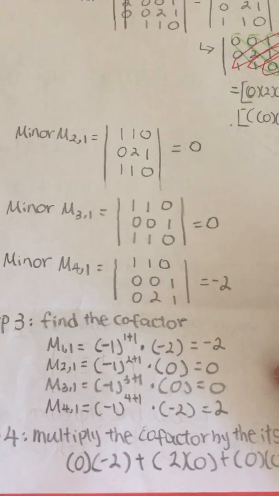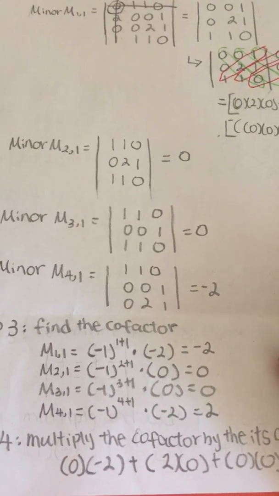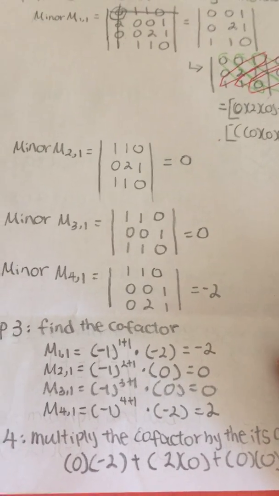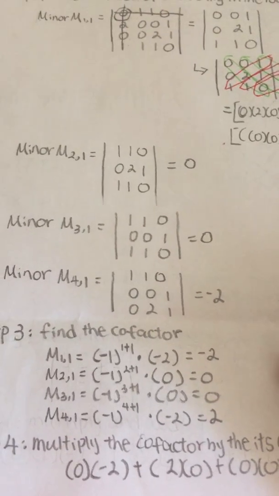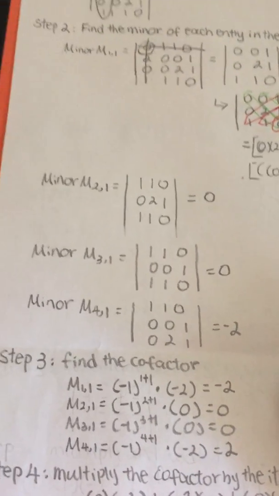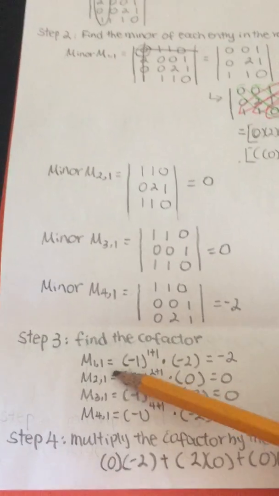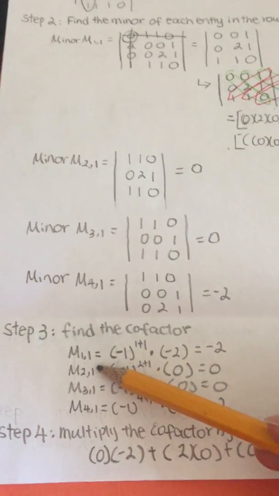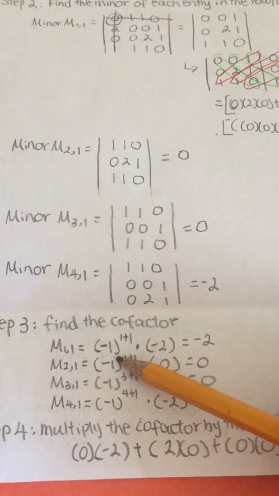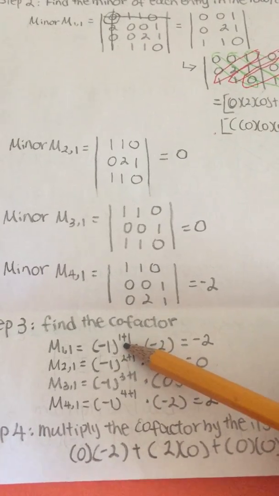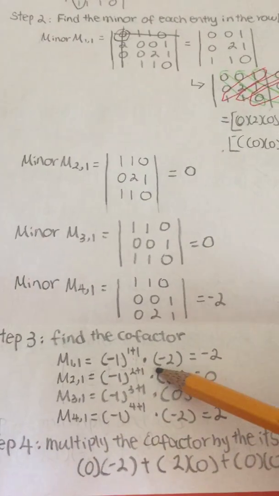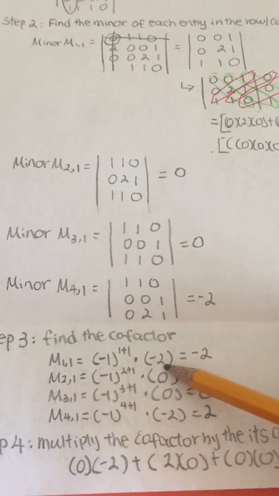So the cofactor is basically -1 raised to a power depending on the position of the entry, and multiply that by the minor. So to find the cofactor for the entry in the 1, 1 position, I would take -1 raised to the 1 plus 1 power, and then I'm gonna multiply that by -2.